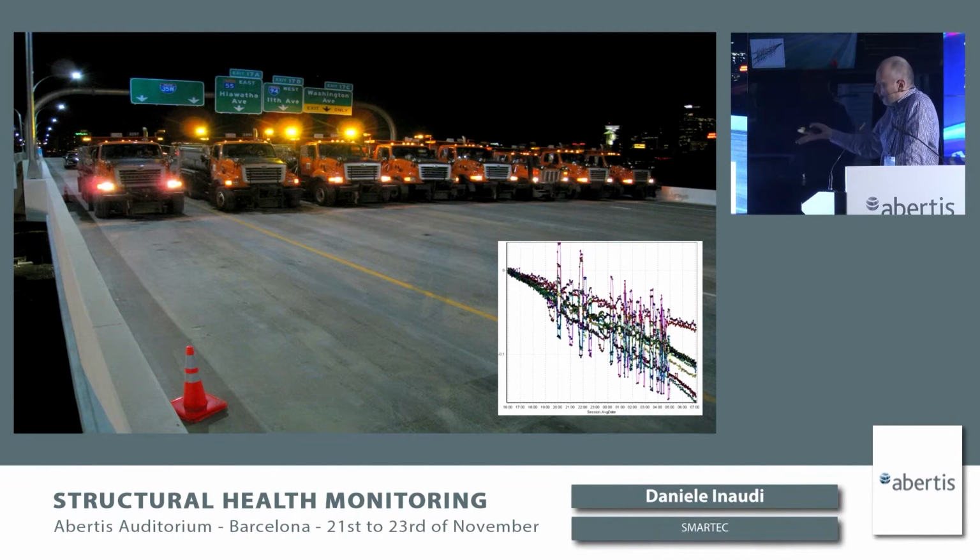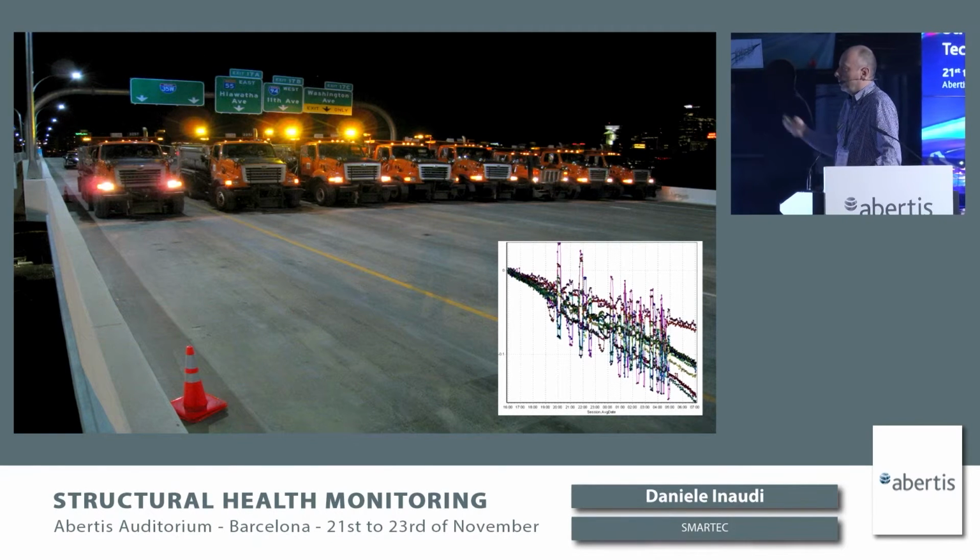So the fiber optic in this case was also used to compare the recorded strain with the calculated strain to make sure that the bridge was matching the calculation. And as in many, many cases, we found that the strains were much lower than expected. So there's some additional stiffness in the bridge compared to the calculation.